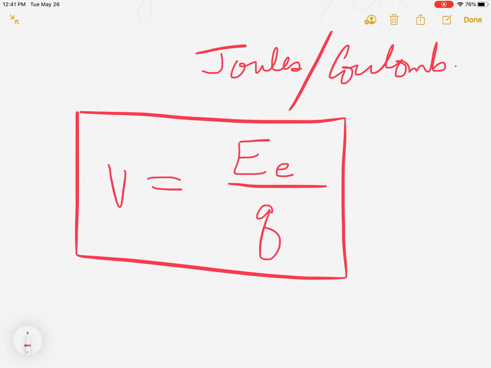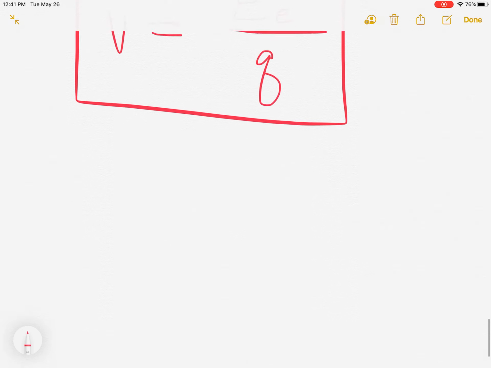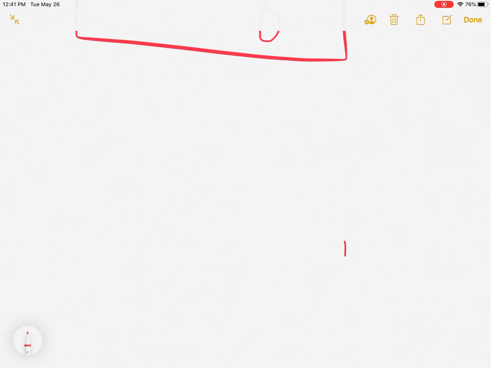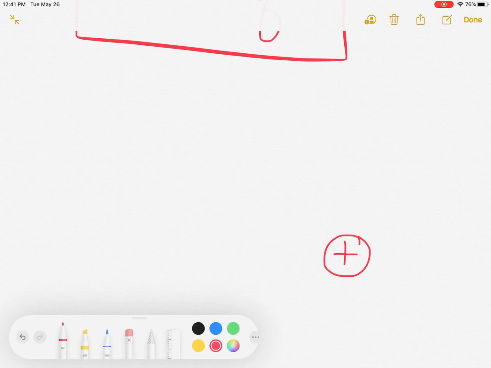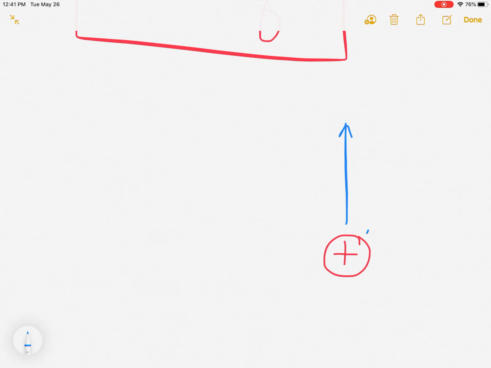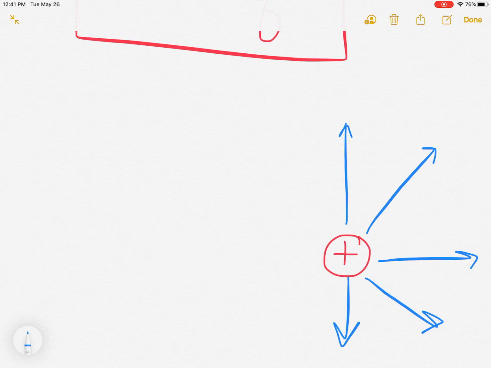All right? Okay, now it gets a little bit trickier, because we can look at voltages in different situations, right? So we can go back to where we had our little idea of electrical energy. Let's take a positive charge here. It's making a field, right? In blue, I'll draw the field. This is the field that it would make.